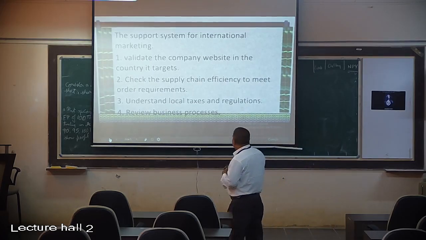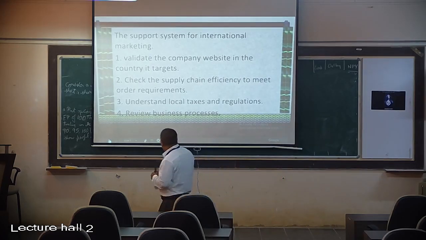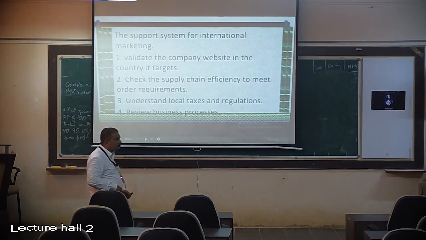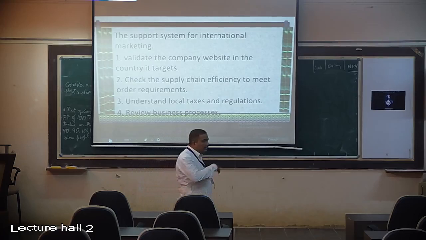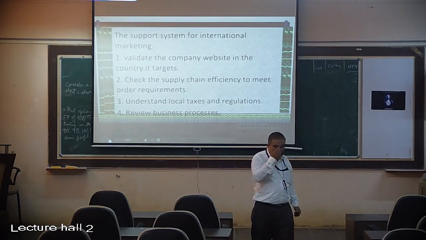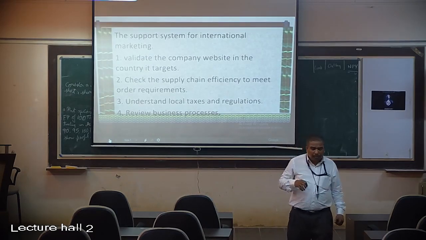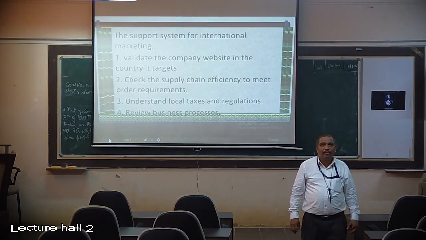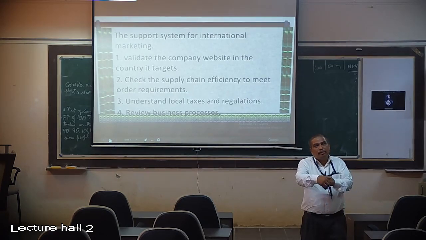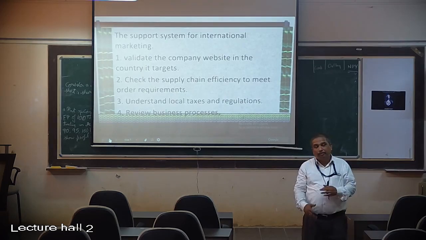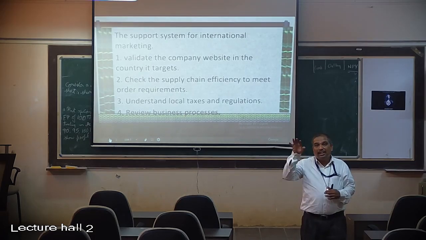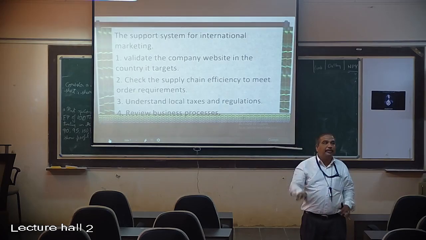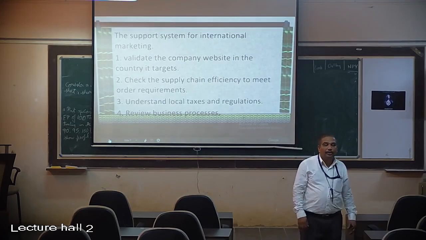The next point is, we may get huge orders during the Dussehra and Deepavali. But are your supply chains efficient enough? Customers may be demanding the product to be supplied the next day, but do you have a logistics infrastructure to meet the customer needs?